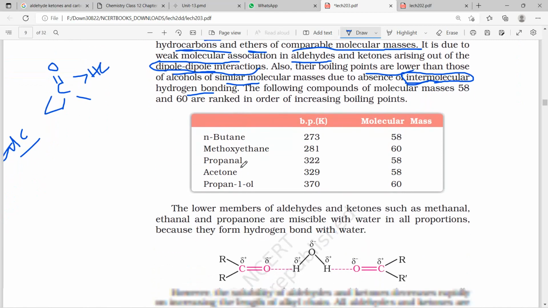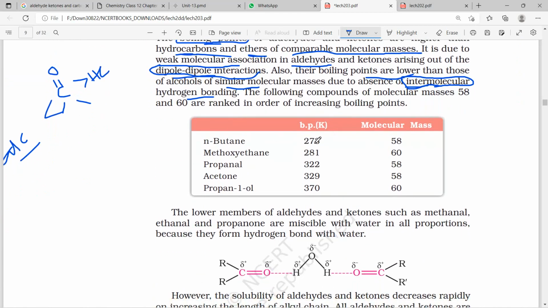Then let us compare the molecular masses. N-butane is 58, a hydrocarbon, and its boiling point is 273. Methoxyethane, an ether, is 60, and its boiling point is 281. Then propanal, an aldehyde, has a boiling point of 322, with almost equal molecular mass.